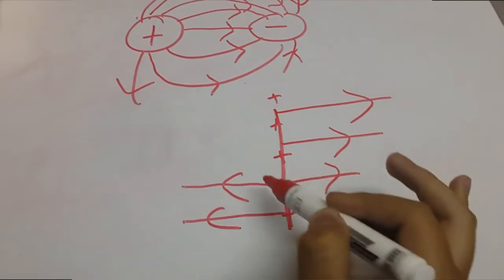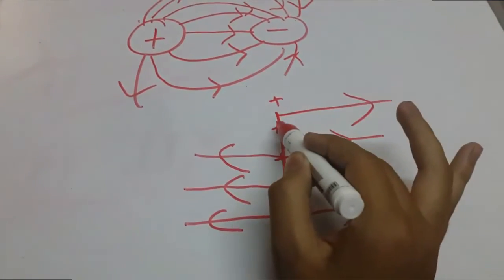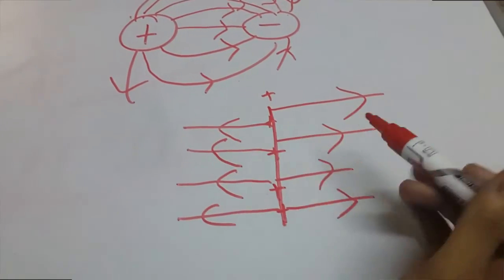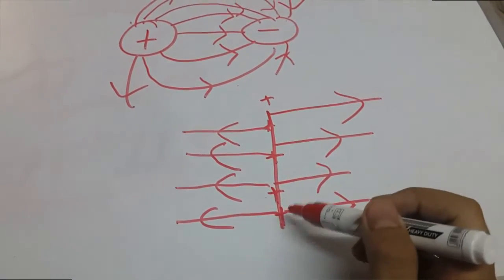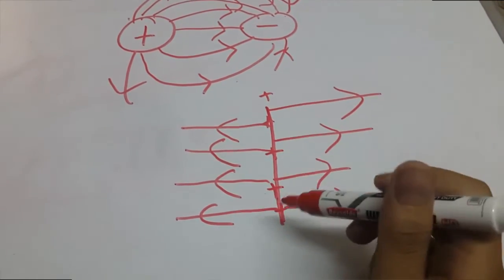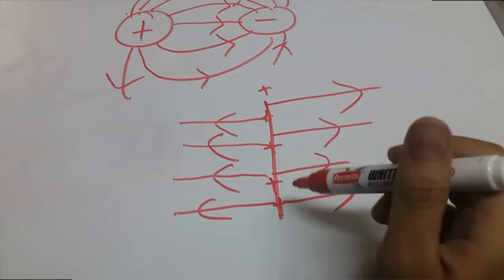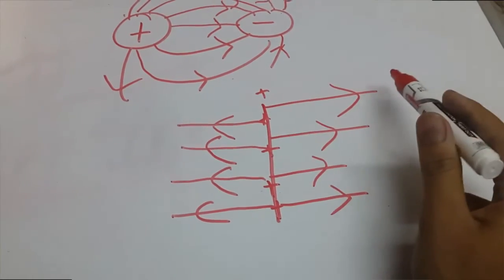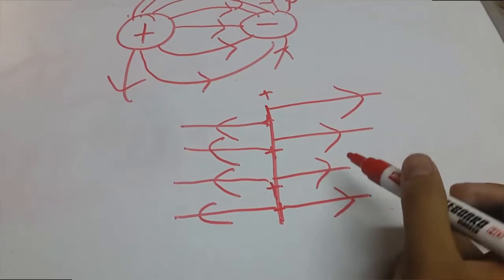We know that as the electric field lines go away from the conductor, the strength of the electric field also decreases. So this is the diagram for a plain sheet, a positive conductor, showing the electric field lines going away from it. If it is negative, the arrows would be in the direction towards the negative conductor.